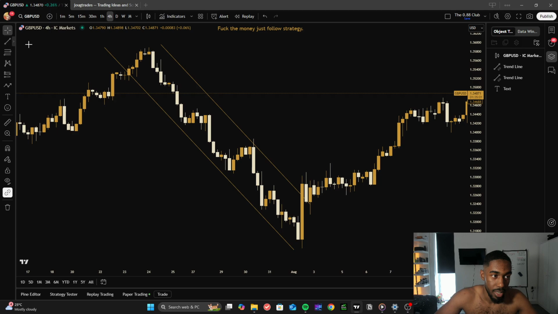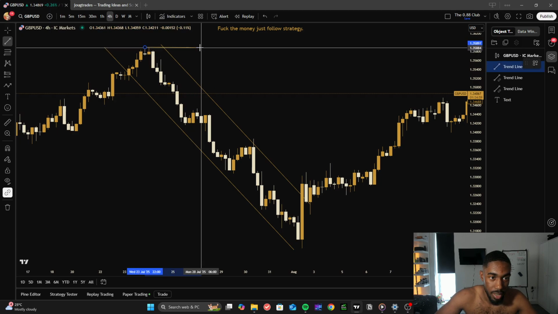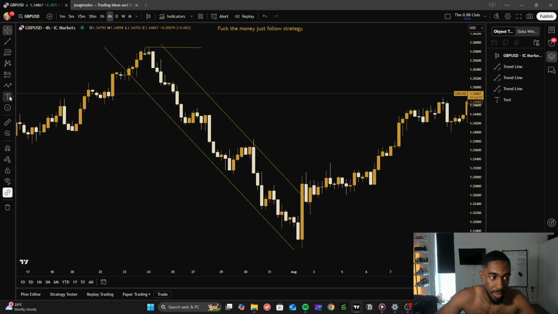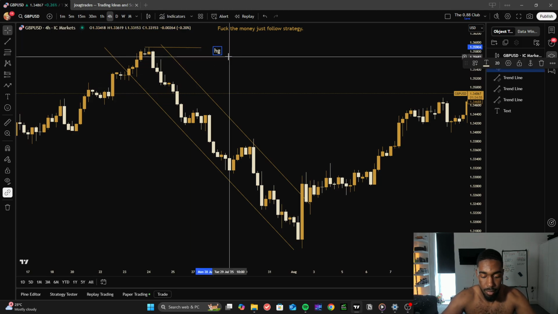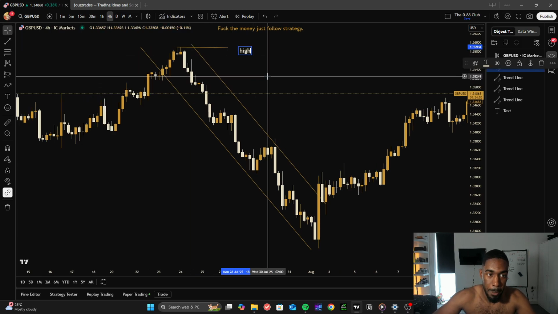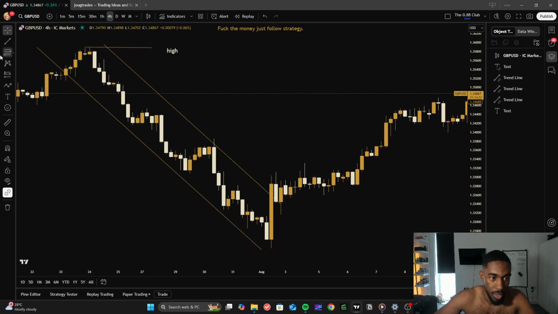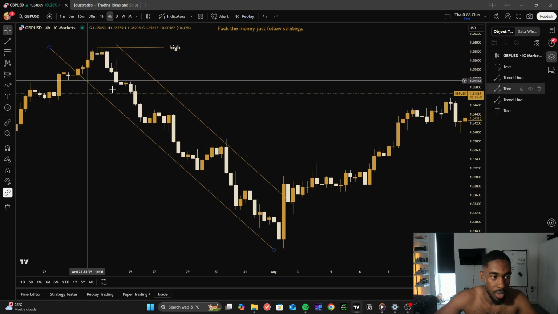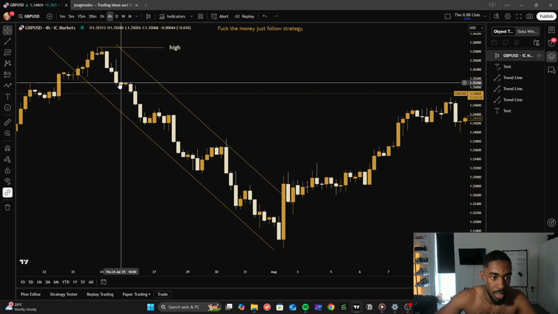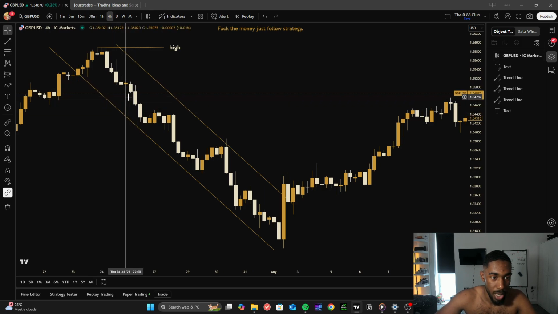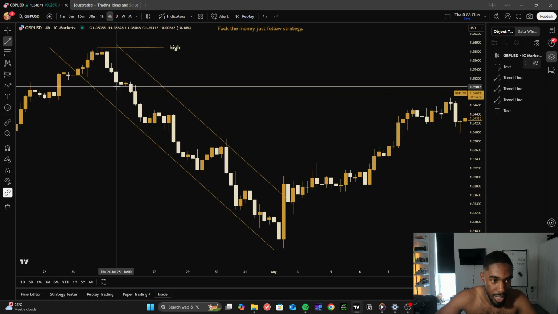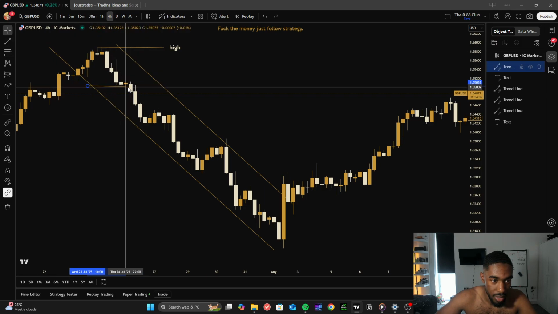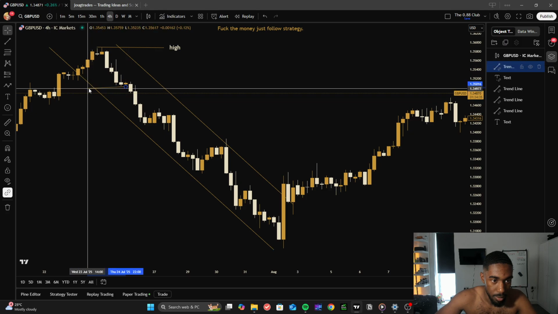So technically, this is a high. And my down movements are down and up. If my down candles are white, my gold candles are up. This technically here is a low.